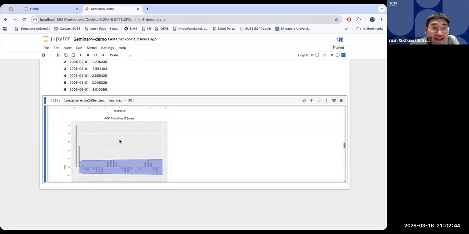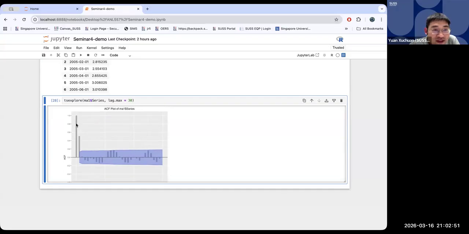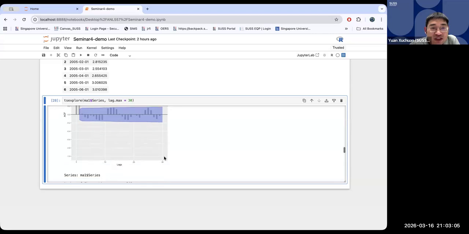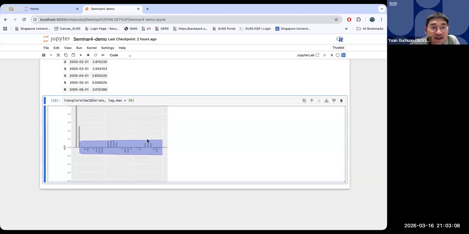And if you look at the ACF, it looks okay, because lag 0 is always 1, lag 1 is around 0.5, and all the other ACFs with lags from 2 up to 30 are between the blue area, the 95% confidence interval.